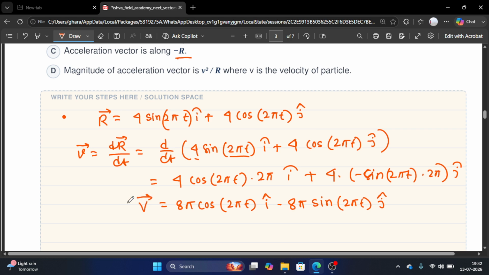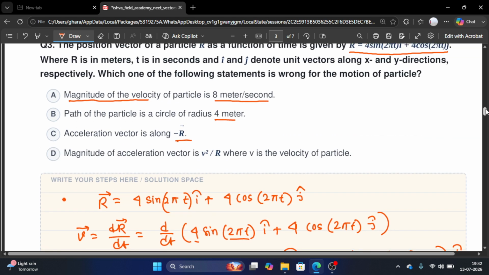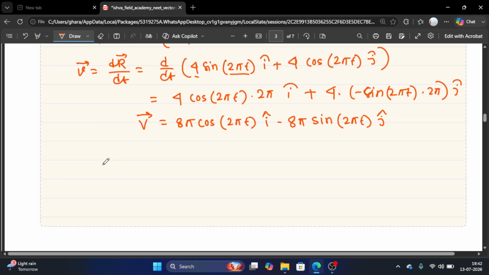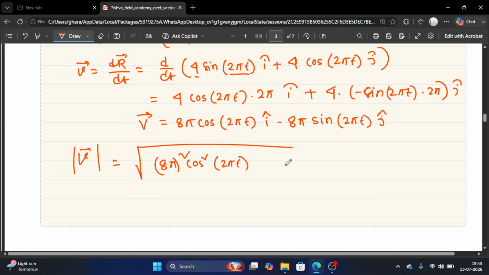Now you calculate the magnitude of velocity. Basically the magnitude is equal to the root over, 8 pi cos 2 pi t whole square, plus 8 pi sine 2 pi t whole square.